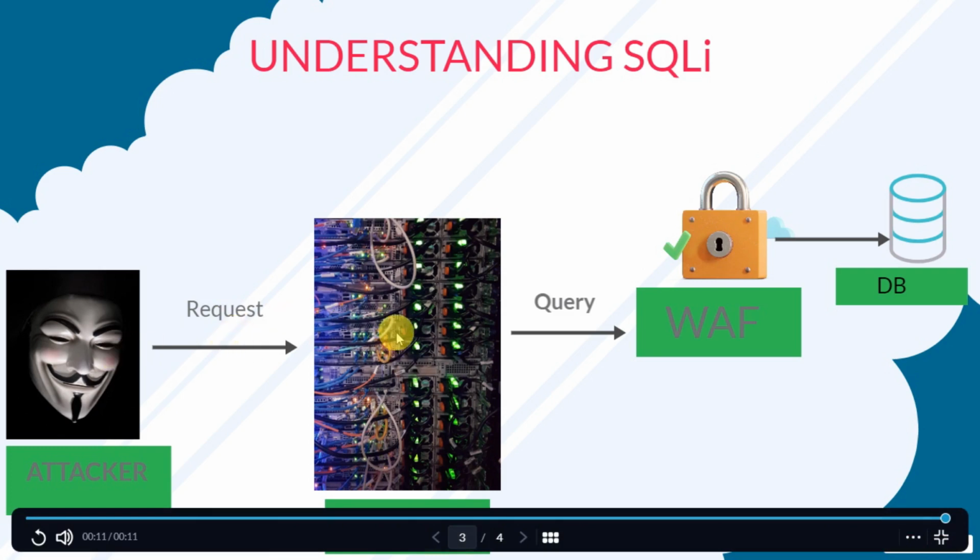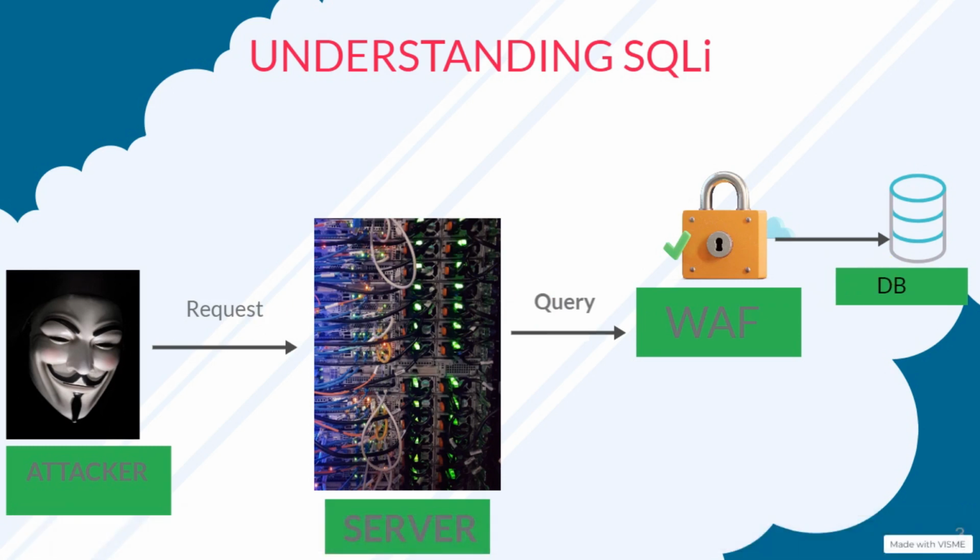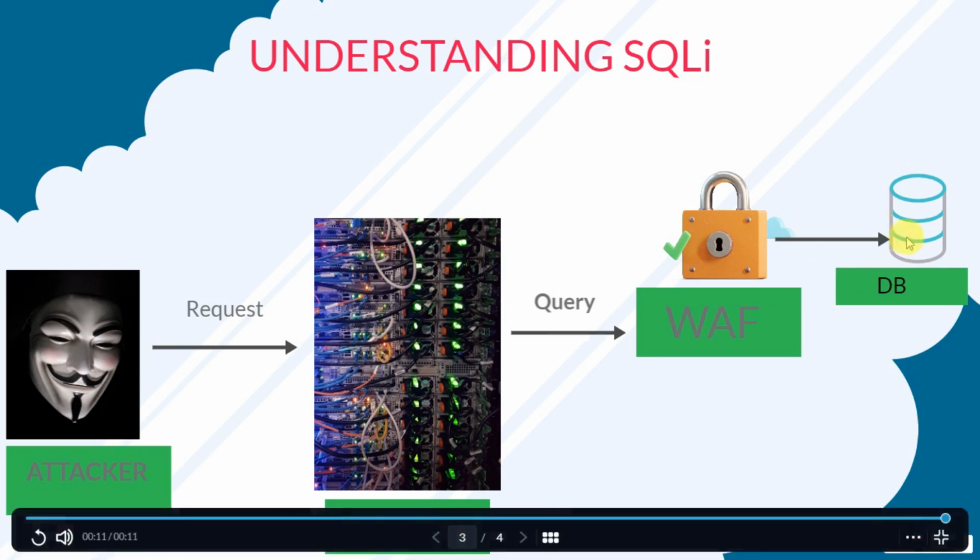The server will pass the request, which has the query about Mercedes cars, to the database. The database will look up whether it has Mercedes cars, and respond back to the server.